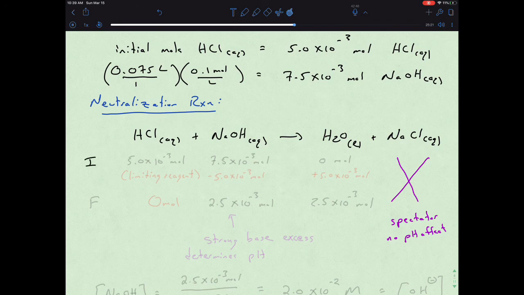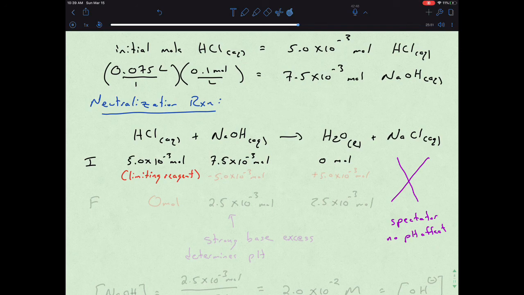For our initial set, we have the 5 times 10 to the negative third moles of the HCl. Now we have 7.5 times 10 to the negative third moles of our sodium hydroxide and 0 of our water. So now the limiting reagent is actually the HCl, right?